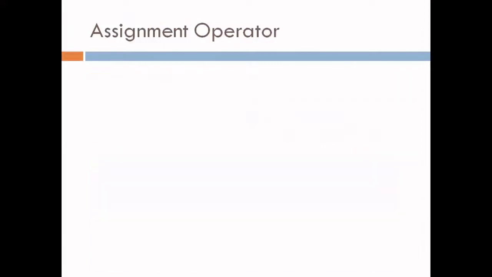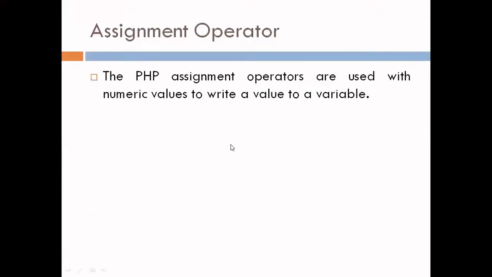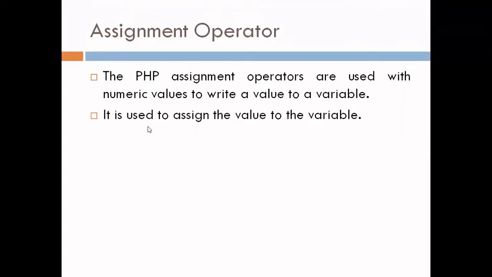Now, the next operator is the assignment operator. Assignment operators are used to assign a value to a variable. The PHP assignment operators are used with numerical values to write a value to a variable. Syntax: variable name is equal to value.